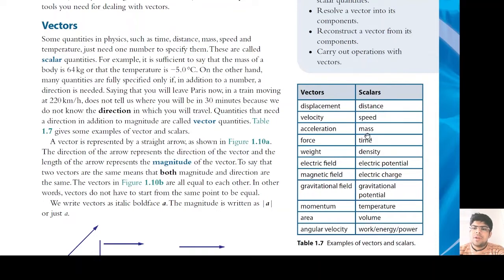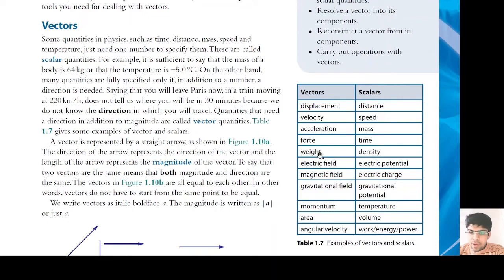Acceleration is also a vector quantity, and mass is a scalar quantity. Force is a vector quantity, and time is a scalar quantity. Force has magnitude as well as direction, because force is always applied in some direction, right? But time has no direction, and it only has magnitude, like 30 minutes or 20 seconds.